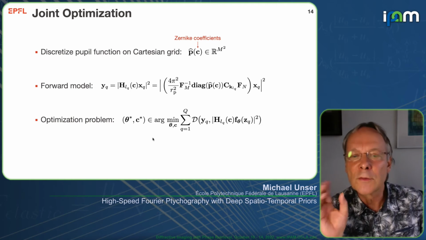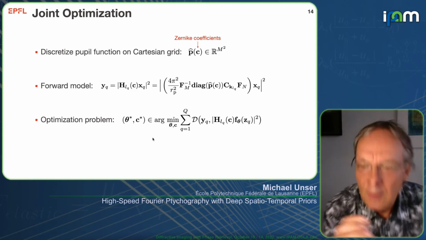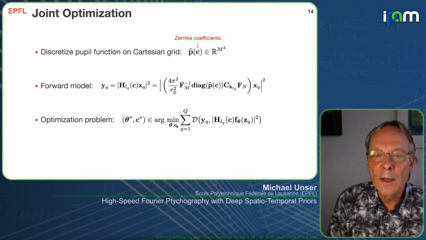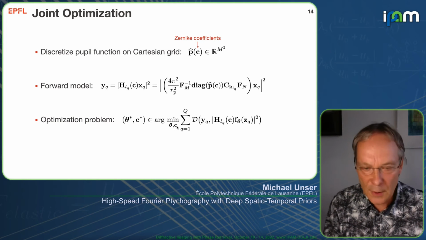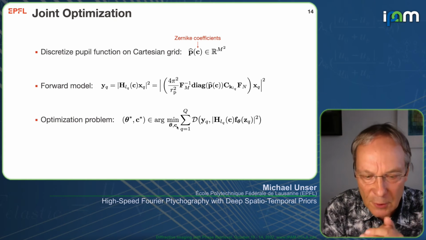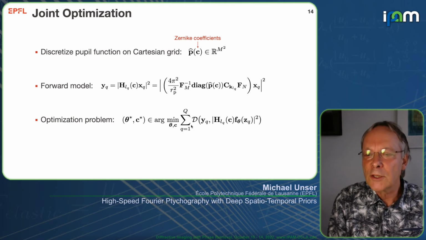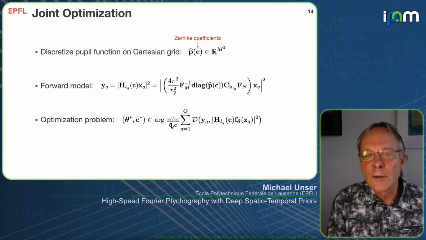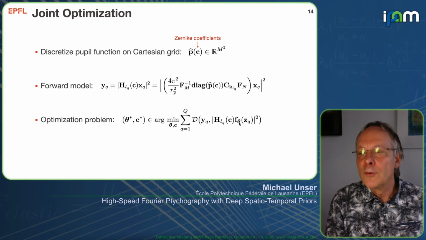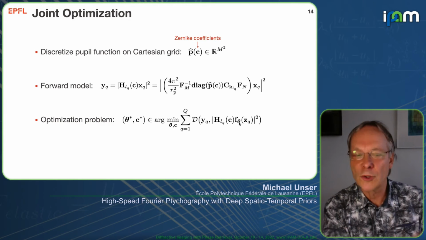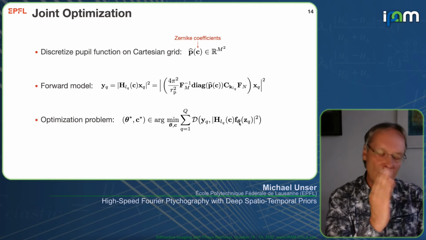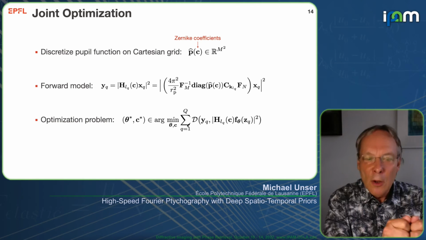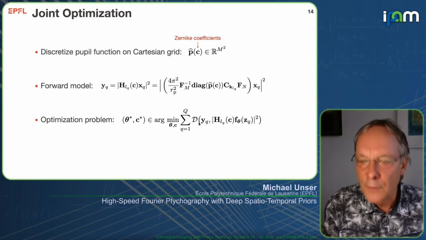If you want to reconstruct the images as well as the Zernike polynomials or other parameters of the optical system, you're just solving this global optimization problem. There's first the optimization over the neural network, which is the same neural network shared for the reconstruction of every frame, but the cost function is now global over the whole sequence of images.